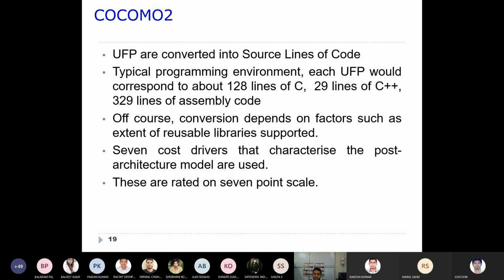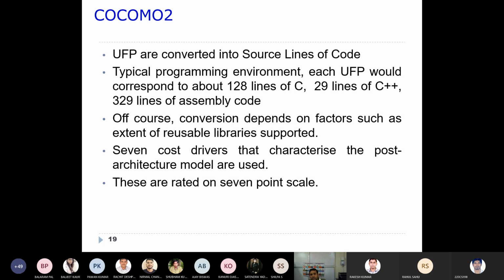Of course, these conversions also depend upon factors like the extent to which we have used libraries. That is also taken into consideration. So 7 cost drivers that characterize the post architecture model are used.